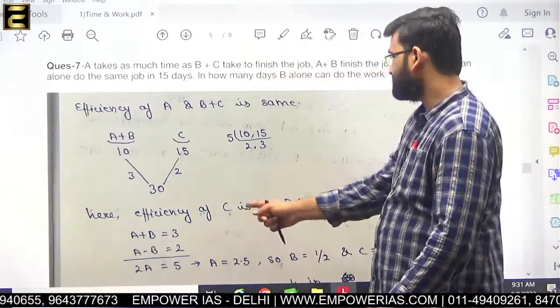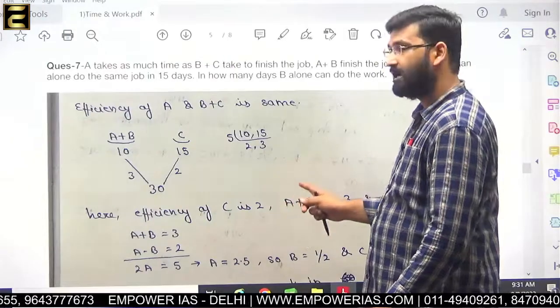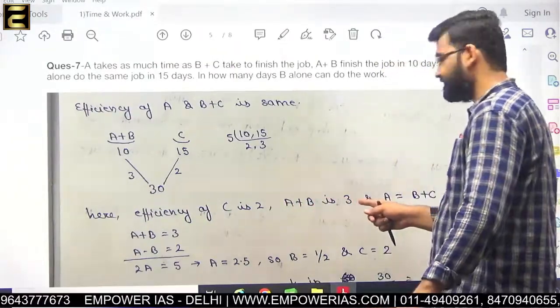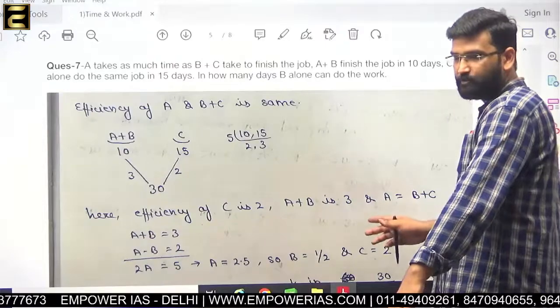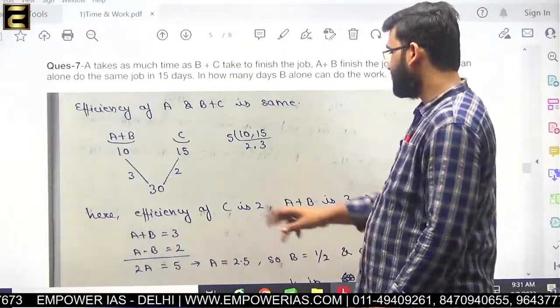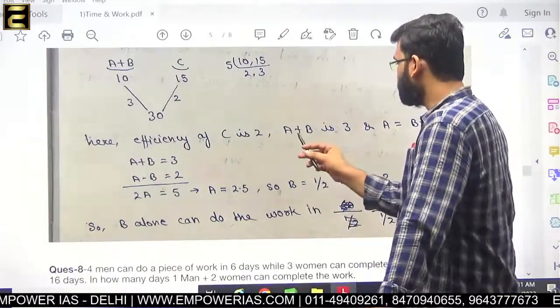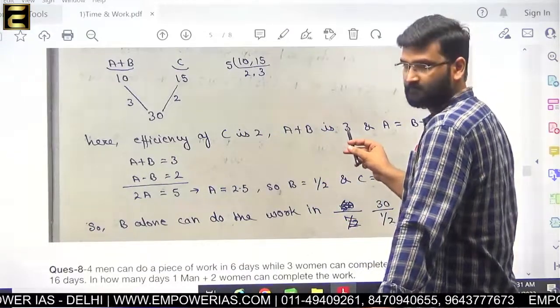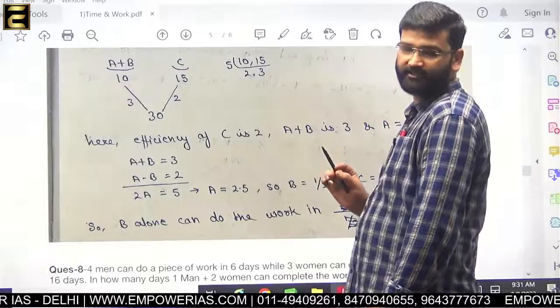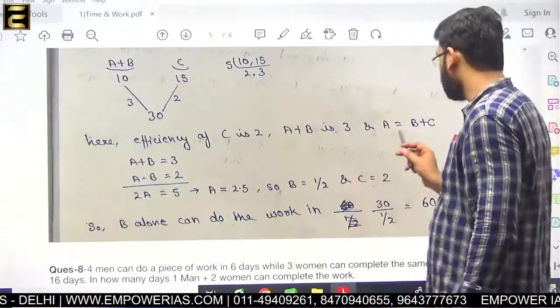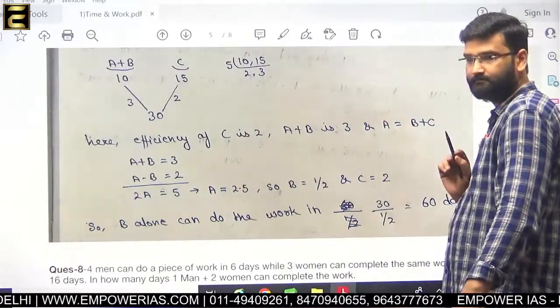Here the efficiency of C is 2 and the efficiency of A plus B is 3. Now try to understand what I am going to do. The efficiency of C is 2 and the efficiency of A plus B is 3. And it is also mentioned in the question that the efficiency of A is equal to the efficiency of B plus C.